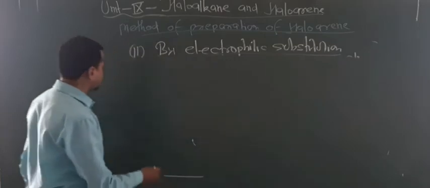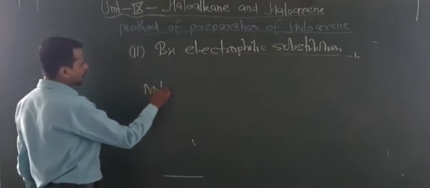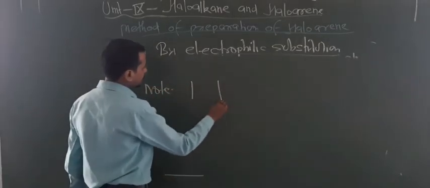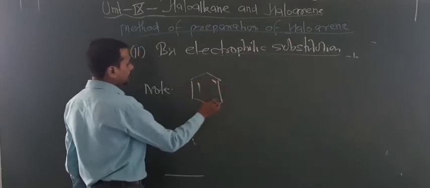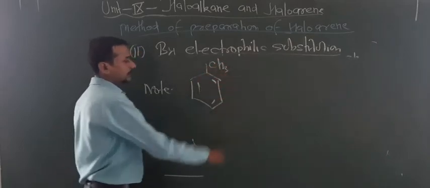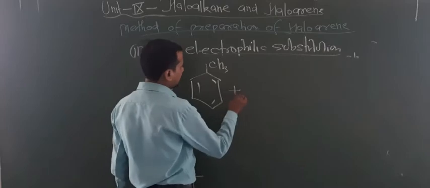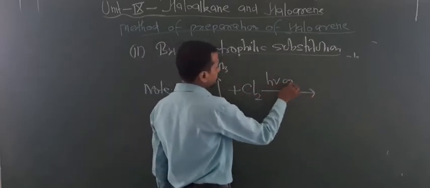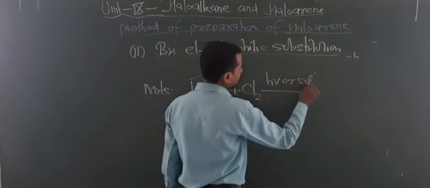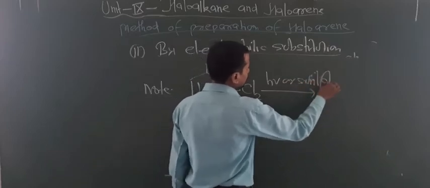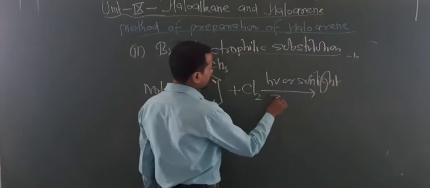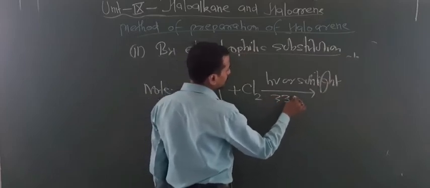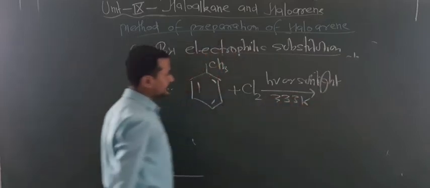Now look at one notable point. If the reaction occurs in the presence of sunlight or in the presence of peroxide, the same reaction is given like this, but here the conditions are changed. hν or sunlight is given, or only a raised temperature of 383 Kelvin.